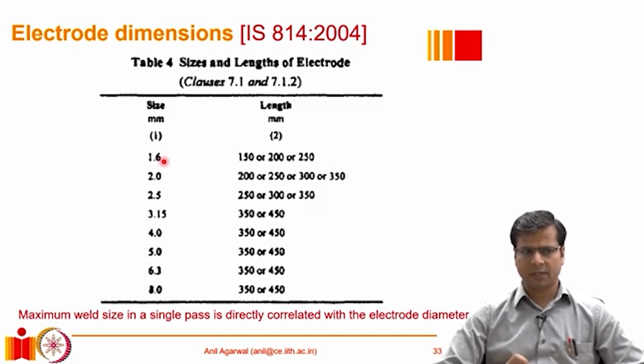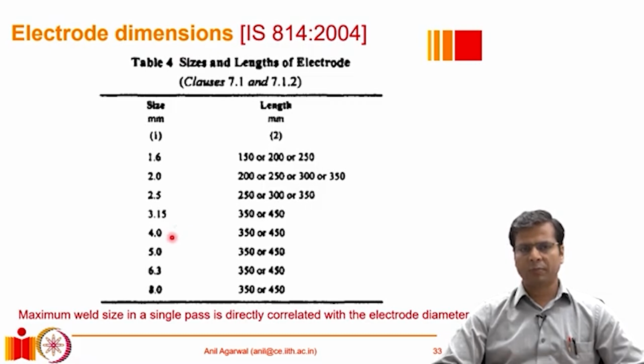If the structural engineer mentions a weld size of 8 millimeter, then the welders have their own manuals, and they refer to those manuals to pick the electrode diameter for that weld size, because there is a direct correlation. If the electrode diameter is larger, you can do a larger weld size.